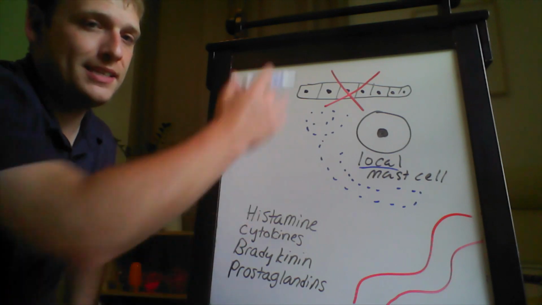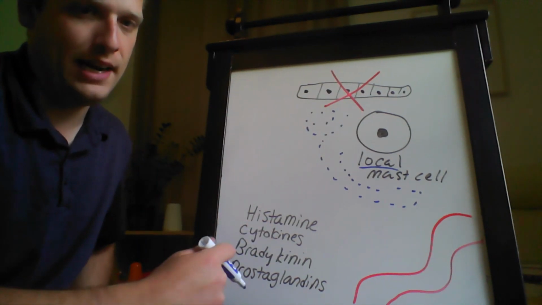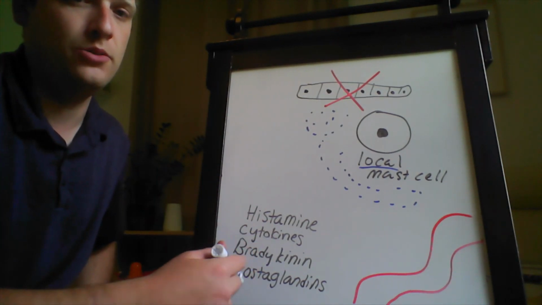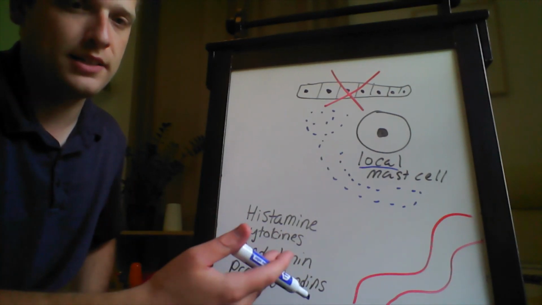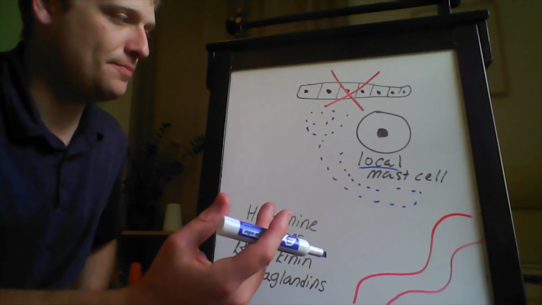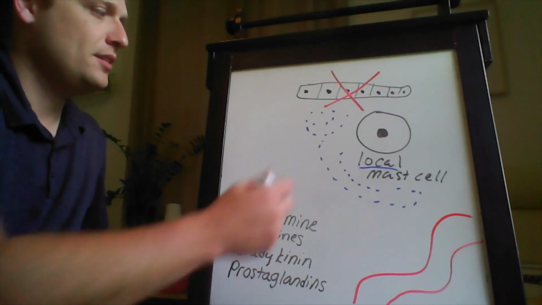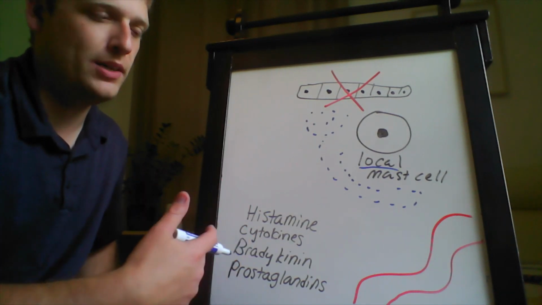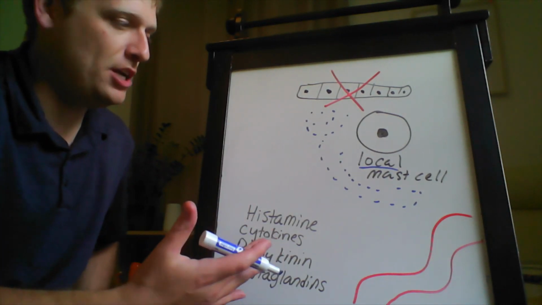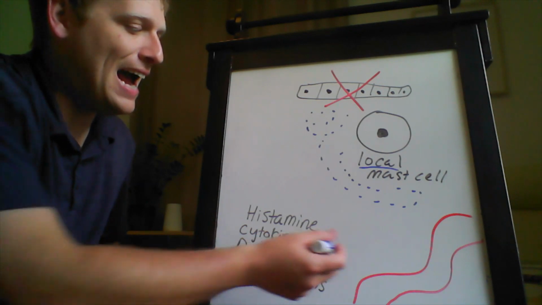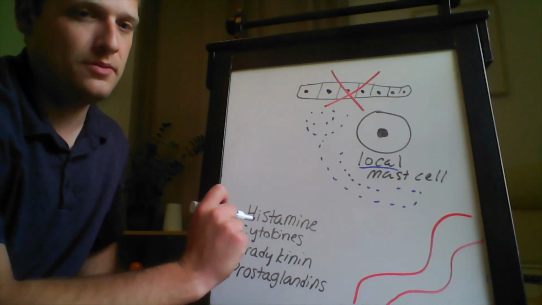And so this is how the alarm is raised if there's damage to a tissue or introduction of toxins or pathogens. And these inflammatory mediators mediate inflammation primarily by acting on blood vessels.